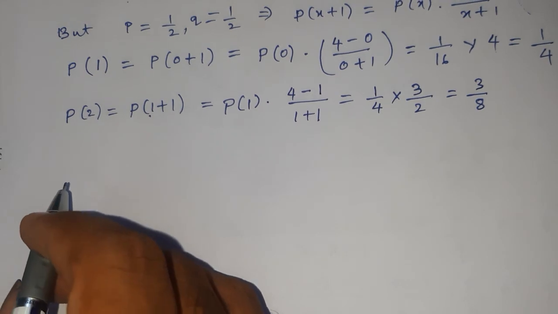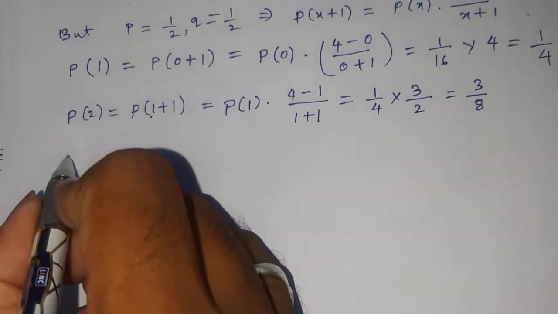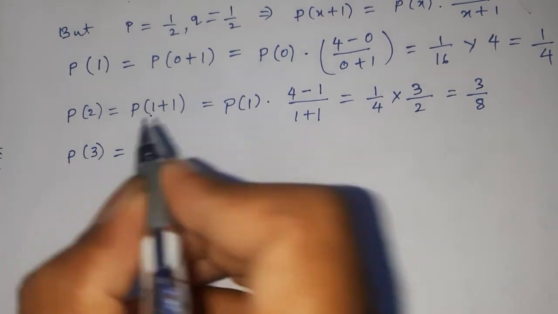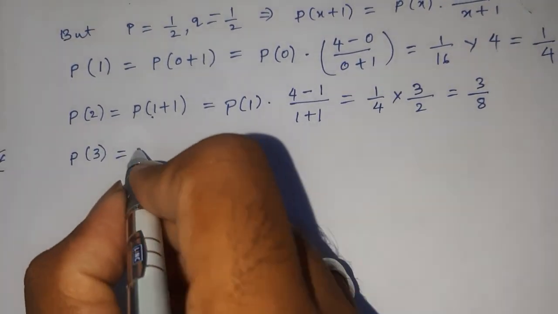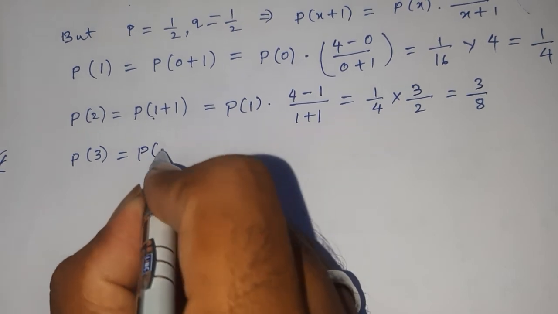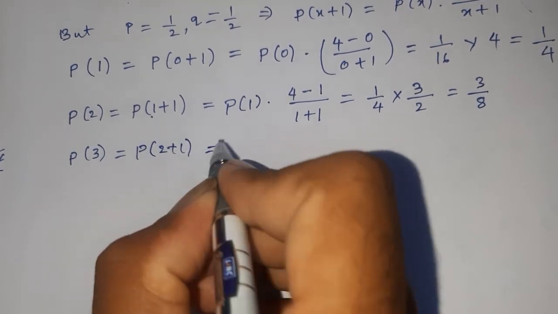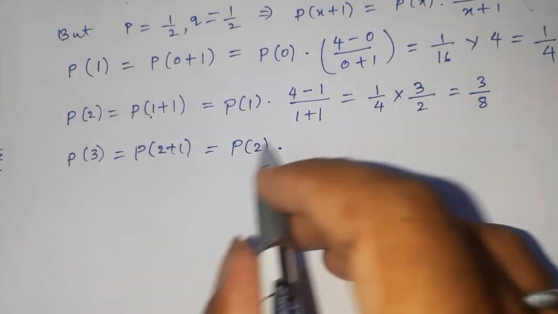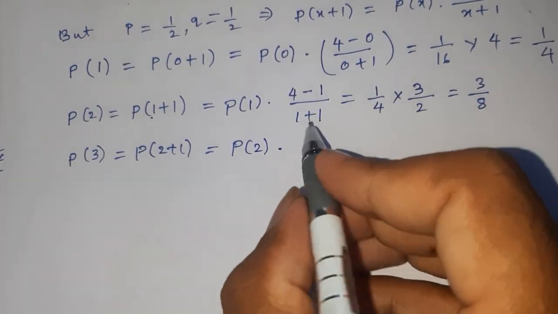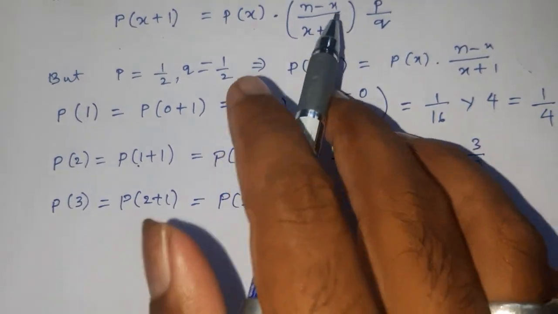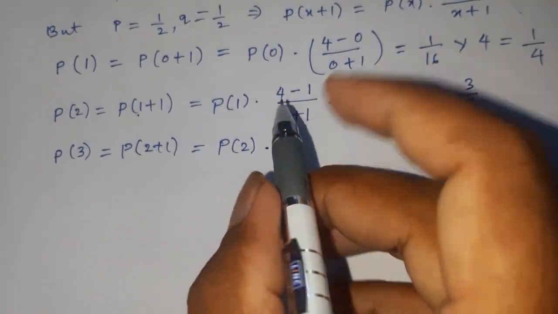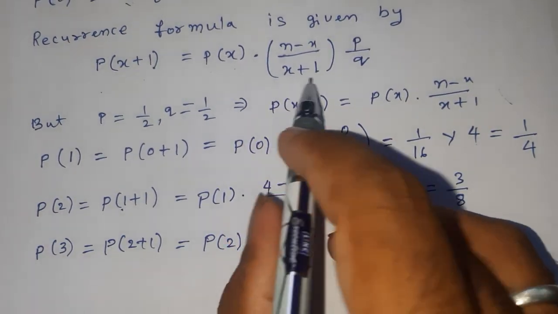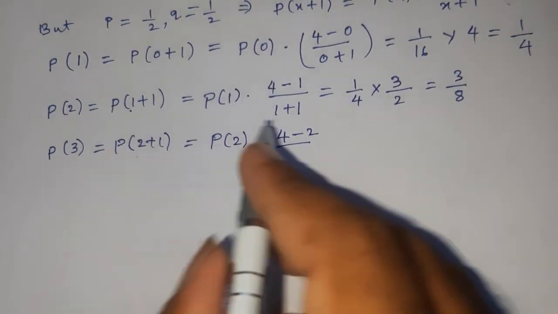Now similarly, p of 3 is given by p of 2 plus 1, that is p of 2 into 4 minus 2 by x plus 1. x is 2, 2 plus 1.